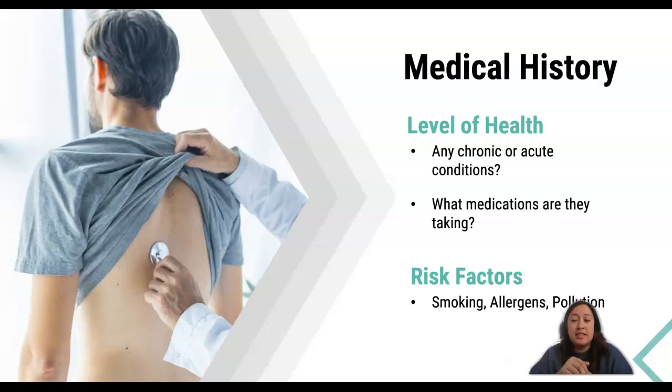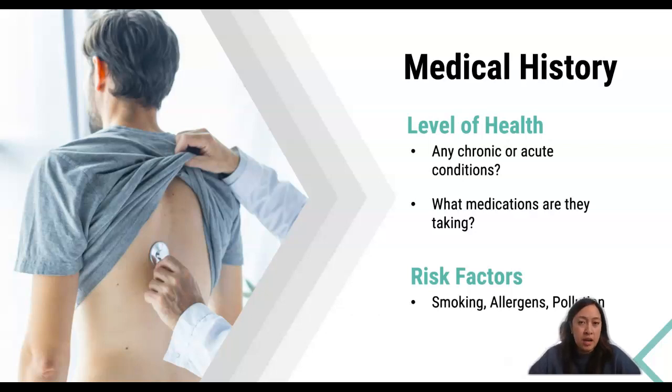Other things that we need to consider that we can talk about with our patients are risk factors. Those include smoking, either type of smoking, vapes, or whatever you're smoking. We really shouldn't be inhaling things into our lungs, right? That is a sterile area that we're trying to keep clean. Allergens, any type of pollen or anything like that, as well as pollution.